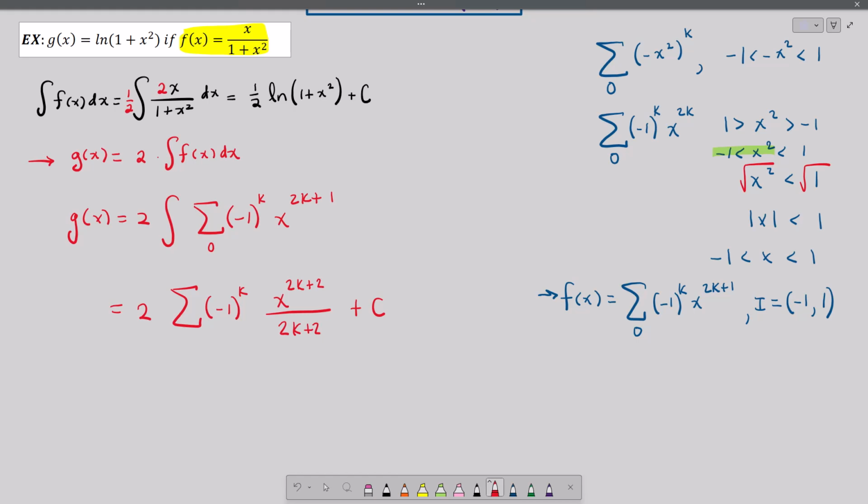And let's check our index here. If we were to look up here, if we just come off on the side to say, hey, let's make sure we index this properly. This starts at 0. So inside here, the very first term when you plug in 0 is x.